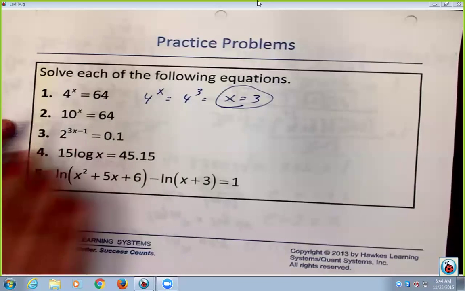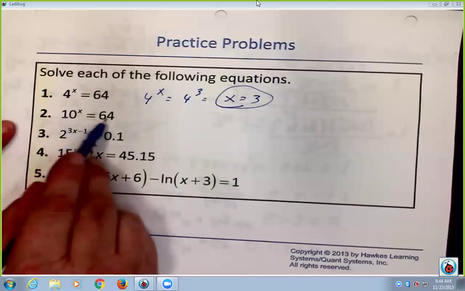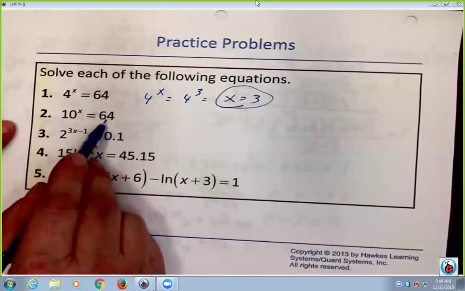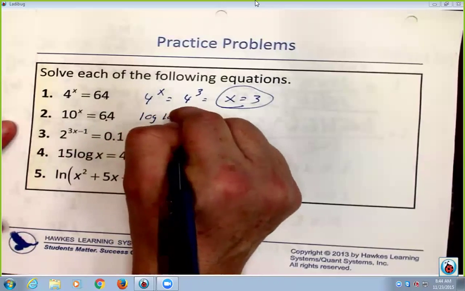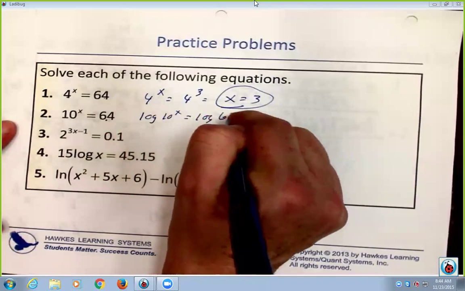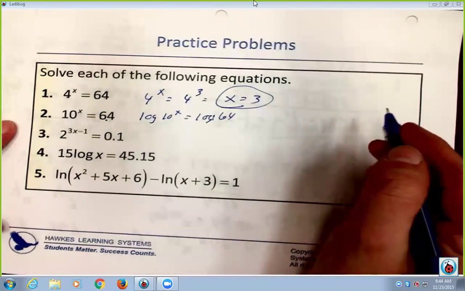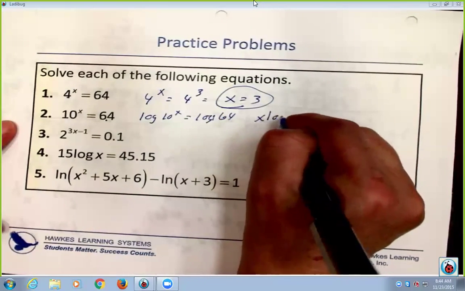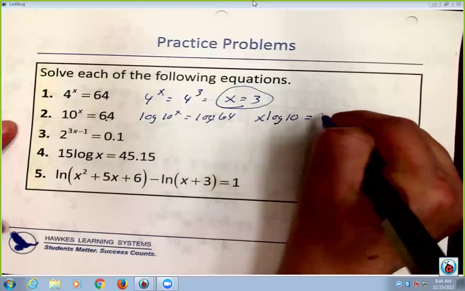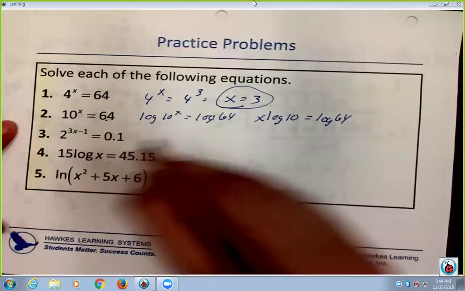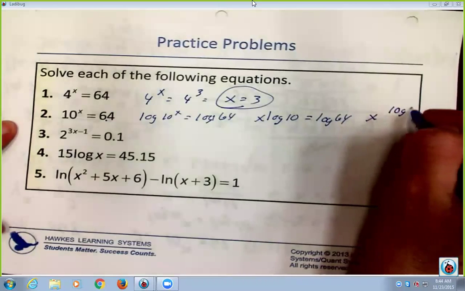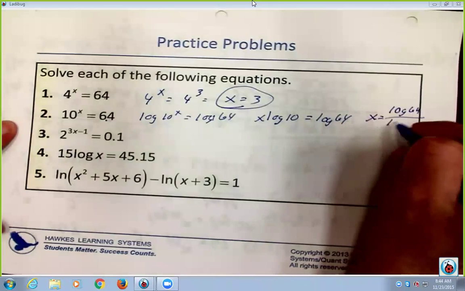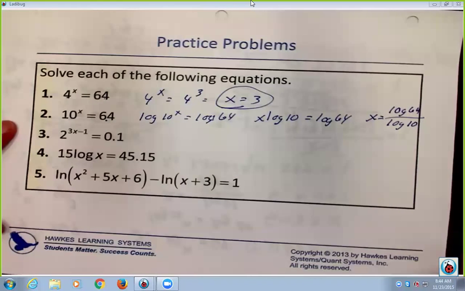This one, different bases. We can never make 10 and 64 look alike. So that's where we need to go. Log 10 to the x equals log 64. From there, put the x out in front. Solve for x by dividing by log 10. And we will get our solution to that one.